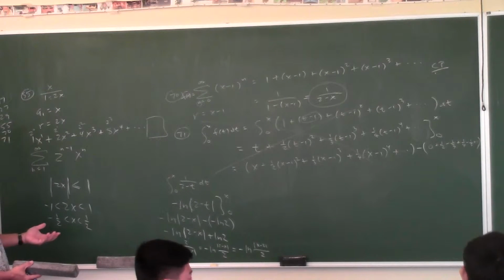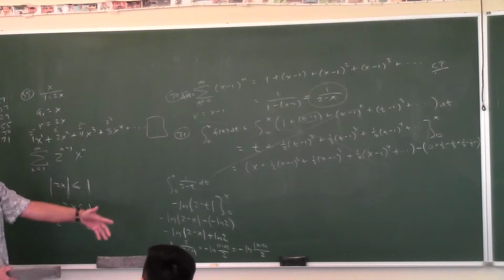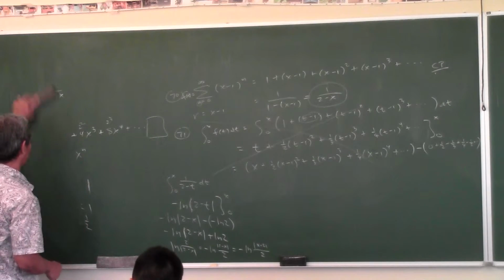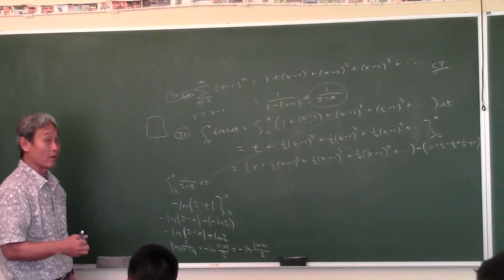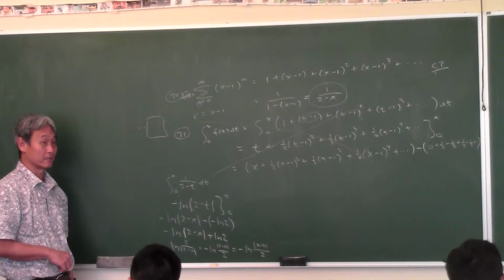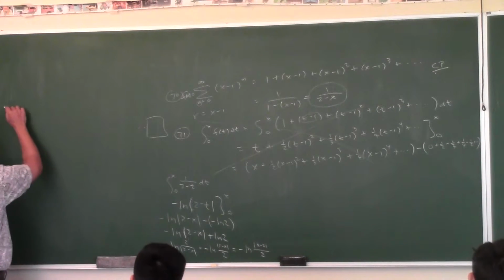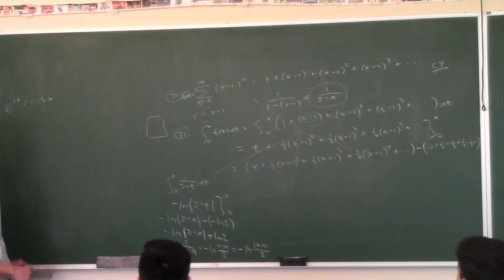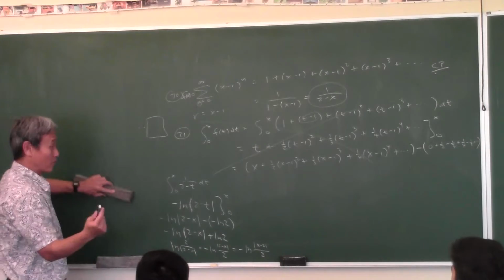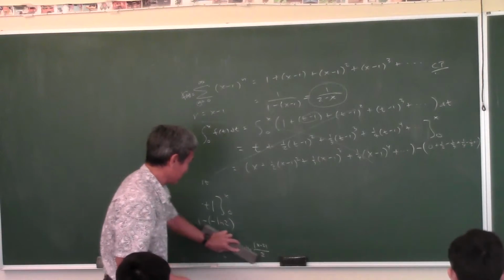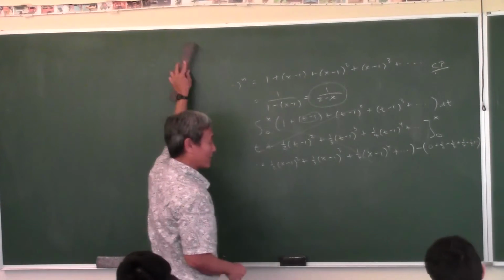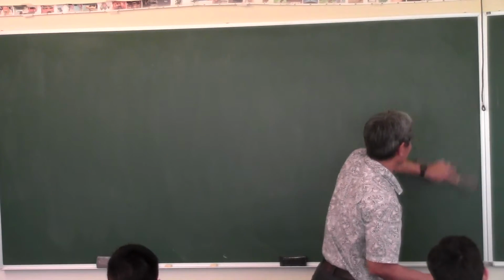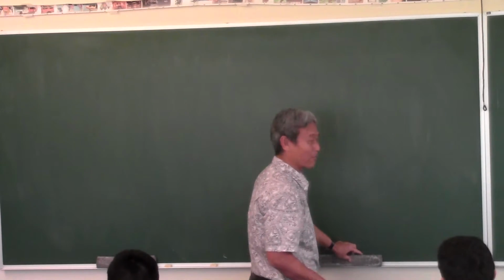Telescoping sum is going to come up 2 or 3 sections from now. Remember Euler's formula we derived last year? Remember e to the ix equals cos x plus i sin x? That's derived in the book, but we did that last year. That's why you guys don't know how lucky you are going through PCA. That's a bargain class.